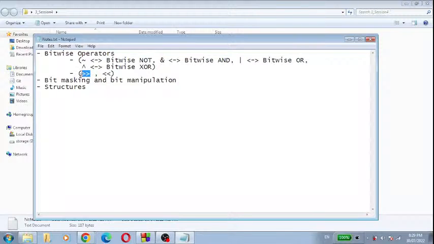They are going to be bitwise shifting. Now we have bitwise shift right, and this is the bitwise shift left. You see.